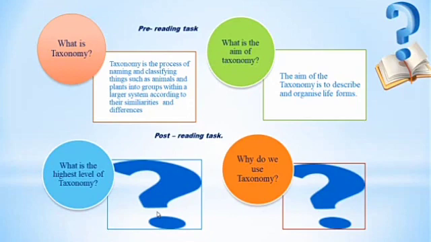And what is the aim of taxonomy? The aim of taxonomy is to describe and organize life forms. And there are two more questions for after you have read the text: what is the highest level of taxonomy, and why do we use taxonomy?